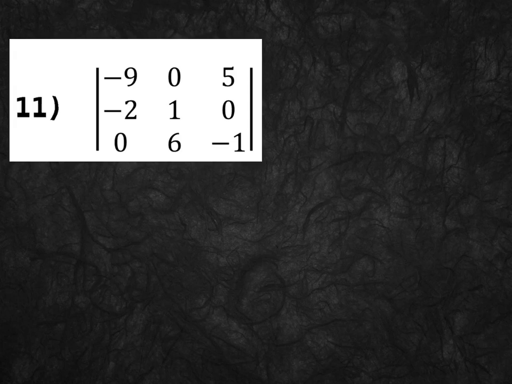Now in this next one, we have to duplicate the columns in the first two rows before we do the downs minus ups. So negative 9, negative 2, 0, 0, 1, 6, and then you do your downs.